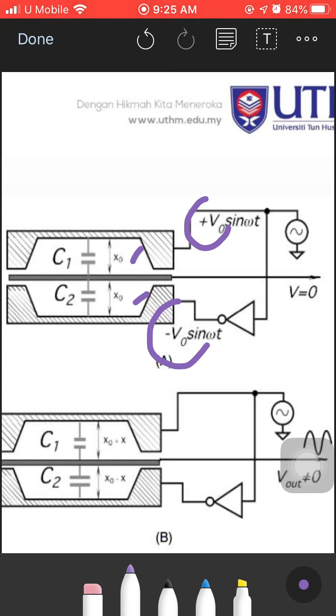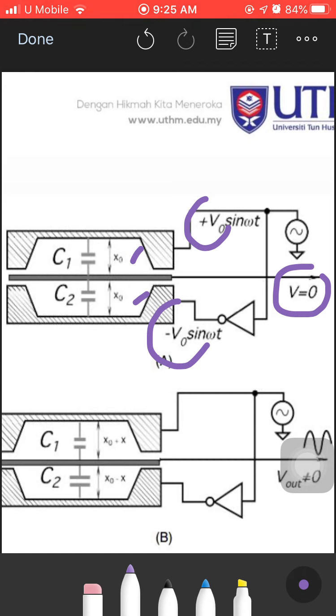So the values of both capacitors are nearly equal, and the center plate has no voltage because the currents through C1 and C2 cancel each other. The central plate will indicate that the voltage across it is V is equal to 0 volt.